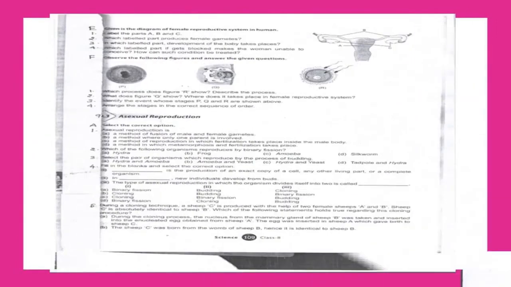Next one is E. Given is the diagram of female reproductive system. Label the parts A, B, C. A uterus. B oviduct, which we also call fallopian tube, F-A-L-L-O-P-I-A-N.